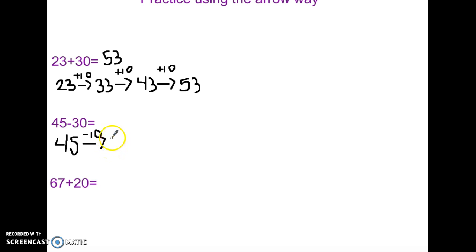Did you get 35? Good job. We're not done yet because remember we have to have 30 over here. So here's my other arrow and my minus 10. And now we have 25. Are we done yet?